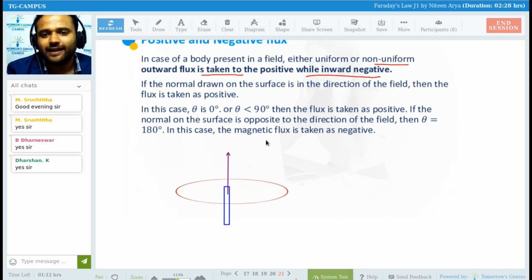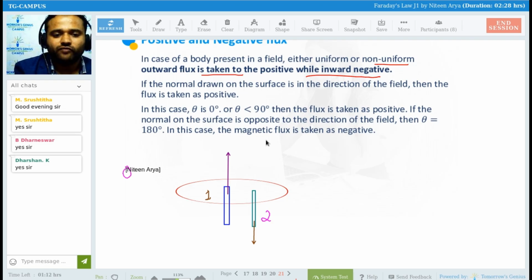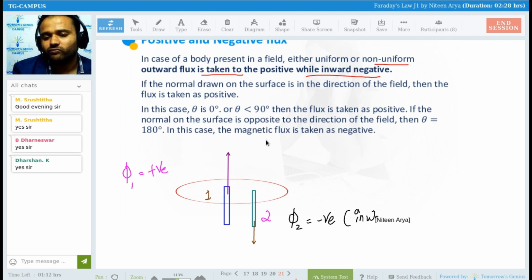In the same case, if I reverse the direction of motion of the magnet, due to magnet 1 and due to magnet 2, phi 1 is positive, and this phi 2 is negative, or you can say inward, and it is outward.